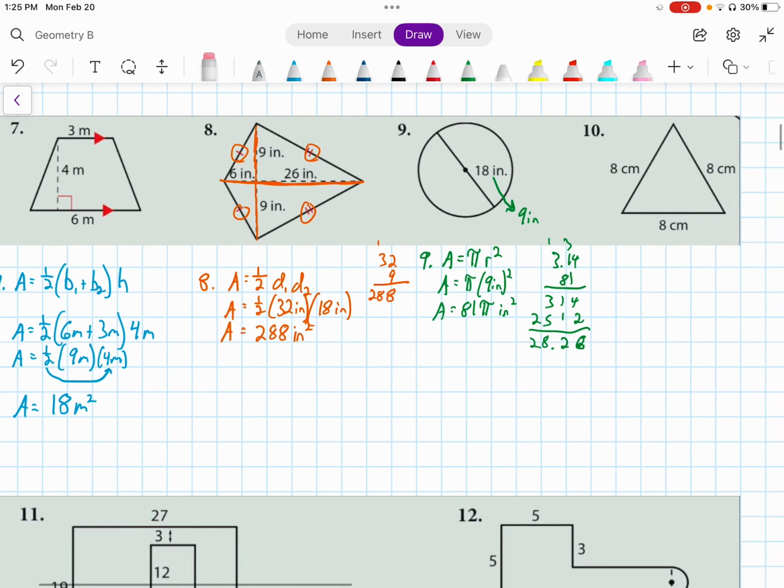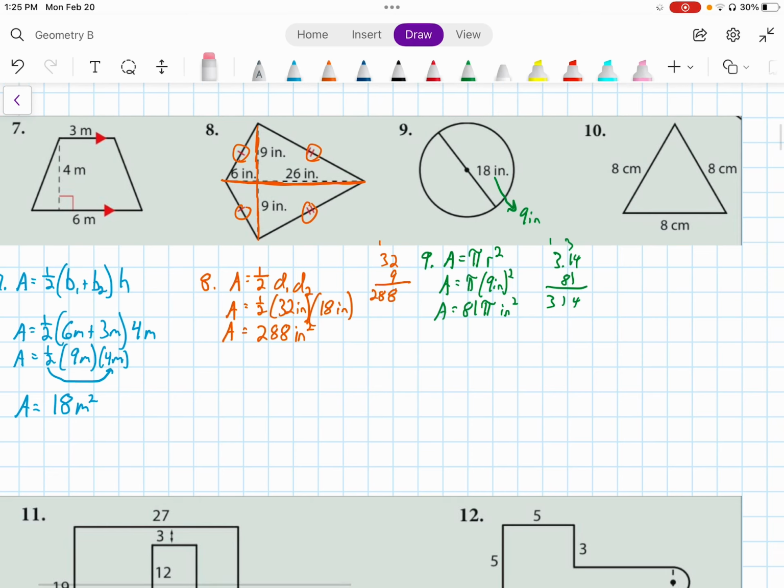Well, I messed up my multiplying. Didn't put my 0 there. And so area is about 254.34 inches squared.